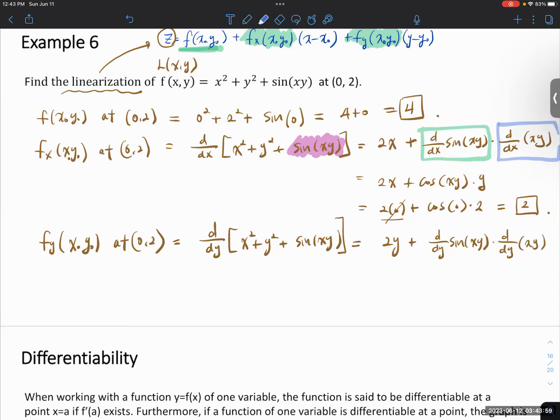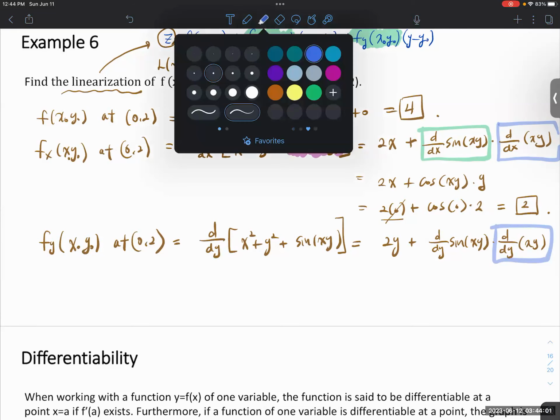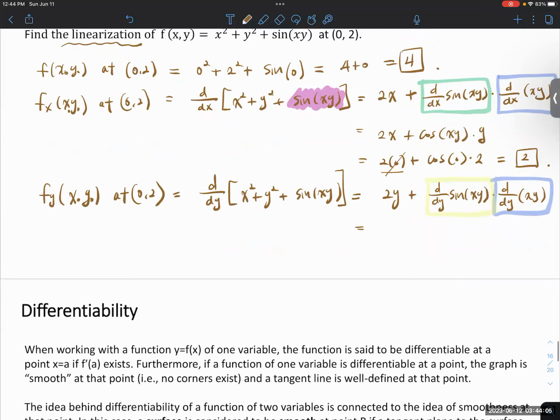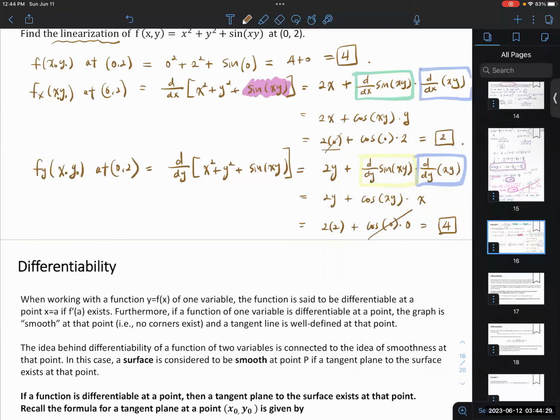So you can see the structure, inside and outside. So 2y plus cosine xy, and then this is going to be x. So plugging in (0, 2): cosine 0 times 0, so these are all 0. We should get 4.